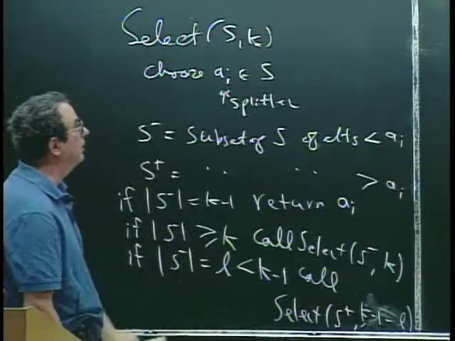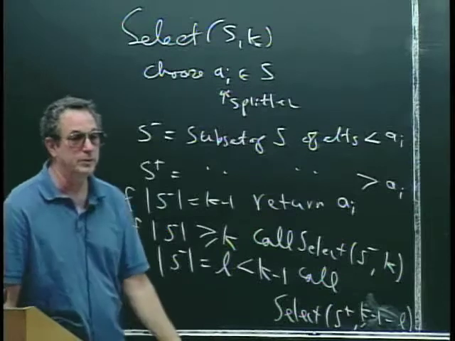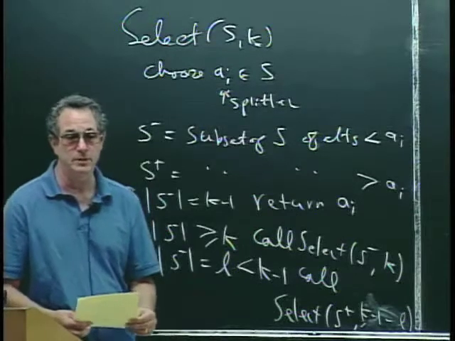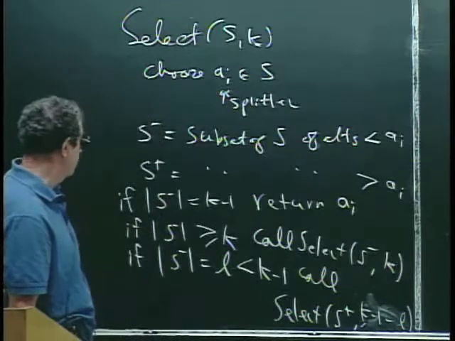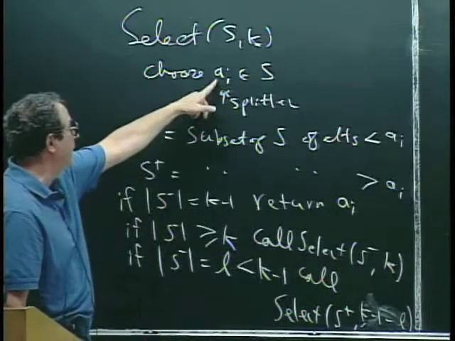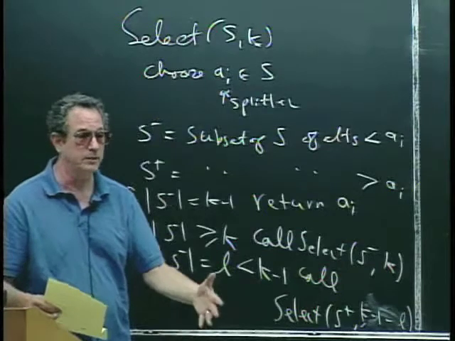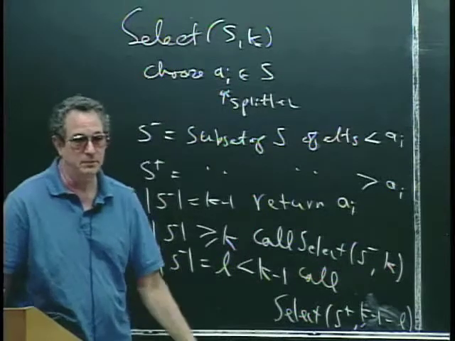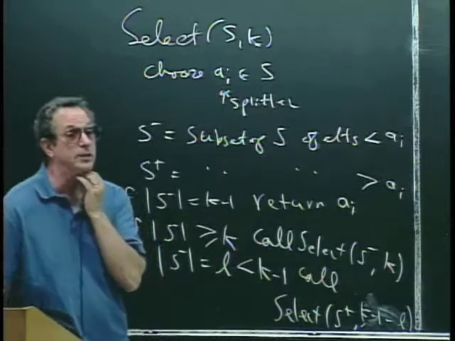And the other thing we did last time is we looked at what's the worst case running time of this algorithm. Well, one of the things that could happen is that a_i might be the largest element in each one of these recursive calls. It's unlikely, but it certainly can happen. Well, actually, I shouldn't say it's that unlikely.